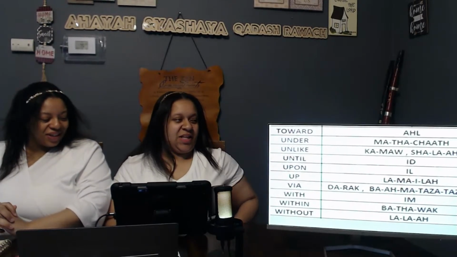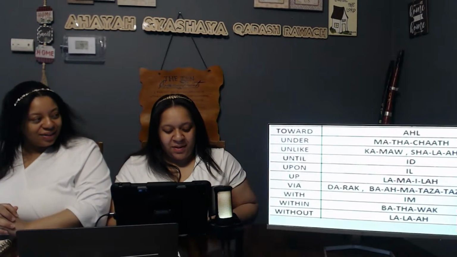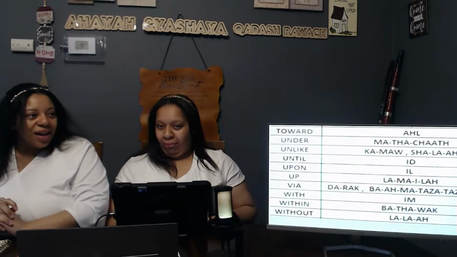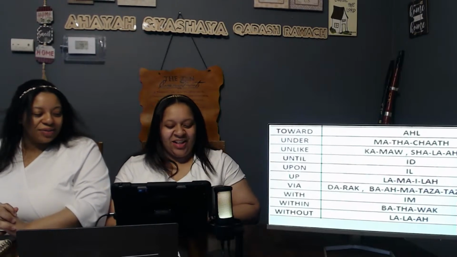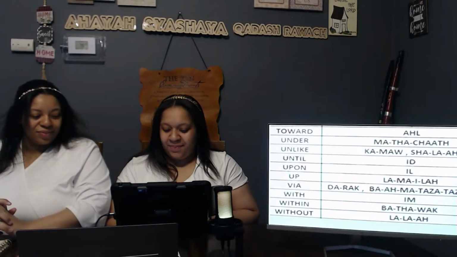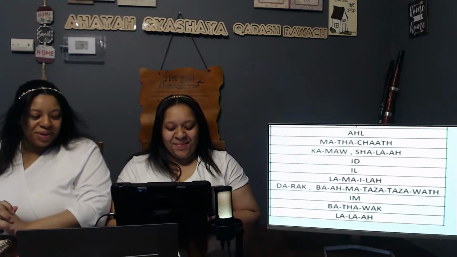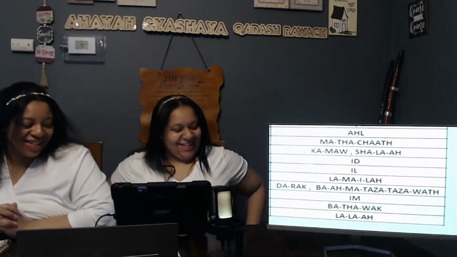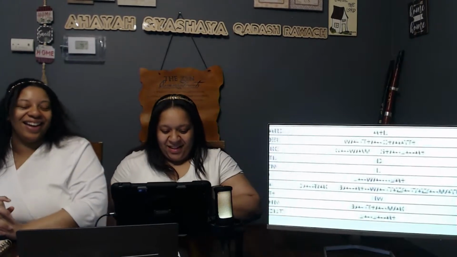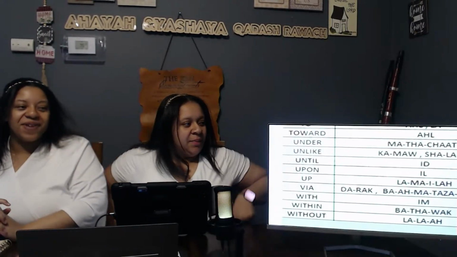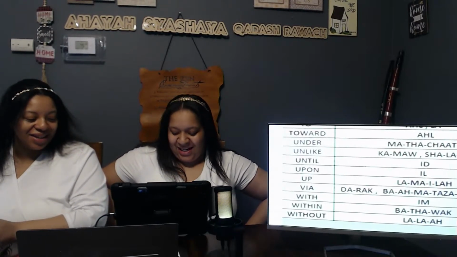And then if you're saying however you say it, via. Really? I've been saying via the whole time. That's either Darak or Ba'ama Taza Tazawa. Can you go back to the word? Via, V-I-A.